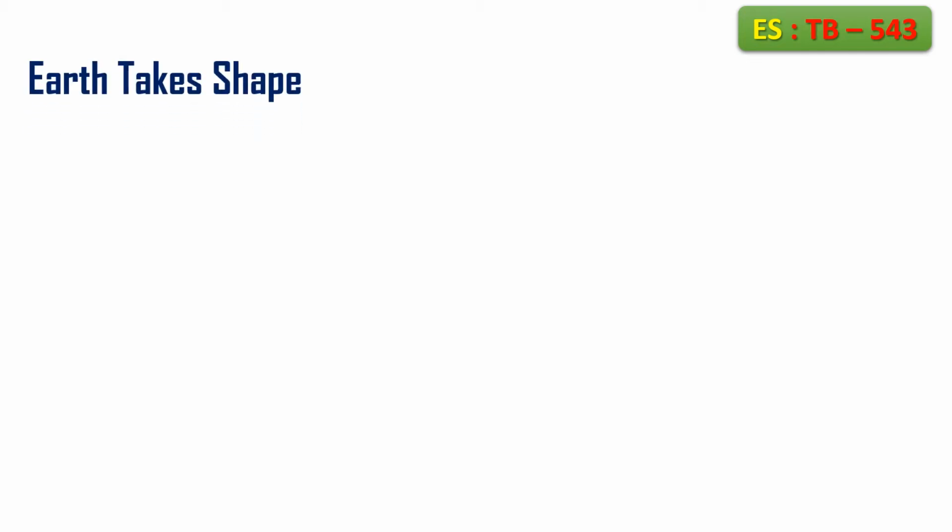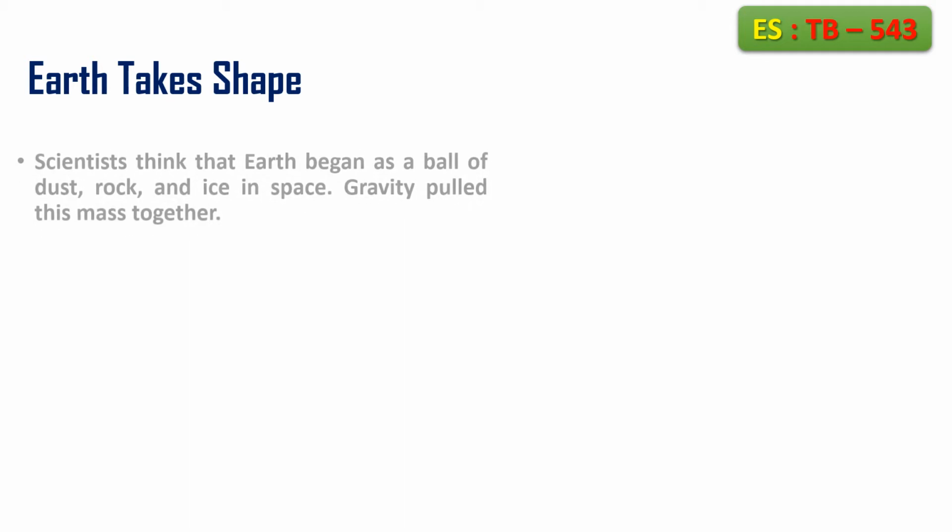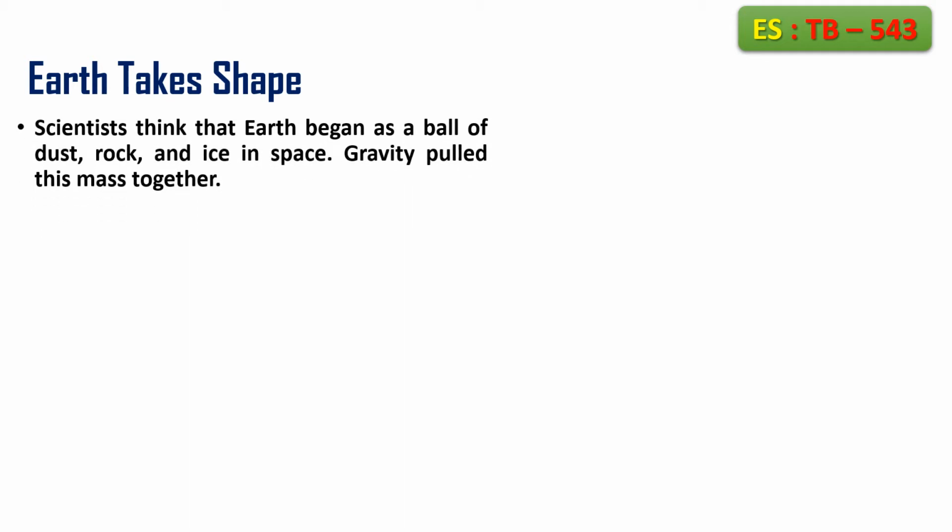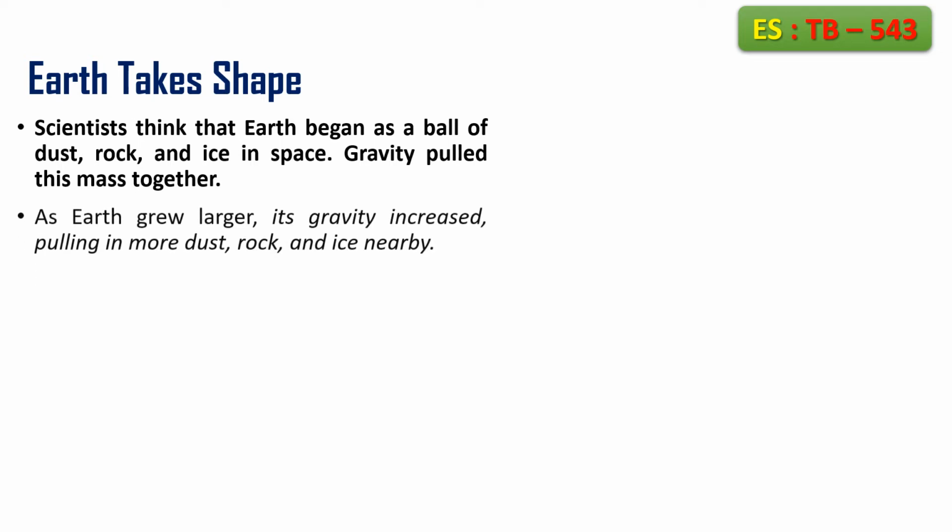Let us check how Earth gets its present shape. Earth takes shape. Scientists think that Earth began as a ball of dust, rock and ice in space. Gravity pulled this mass together.